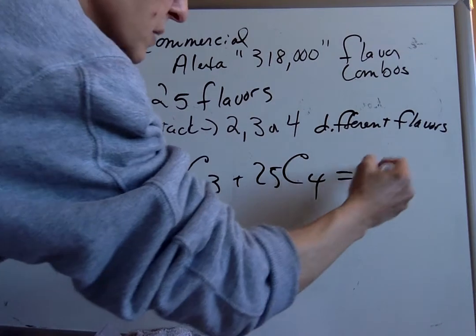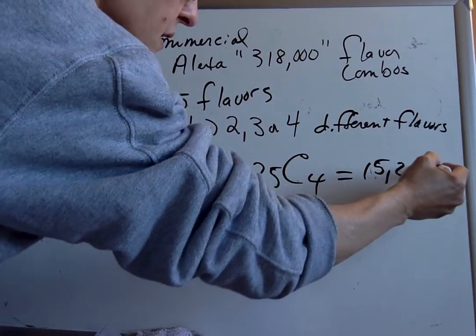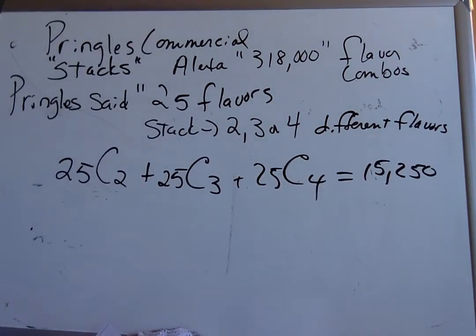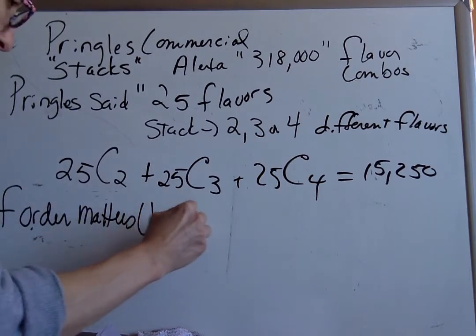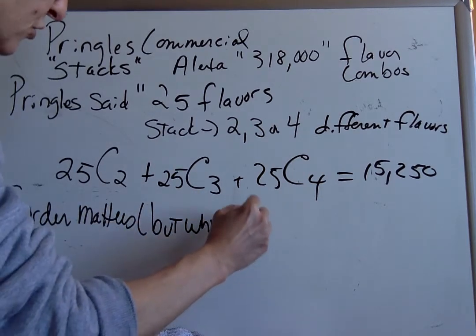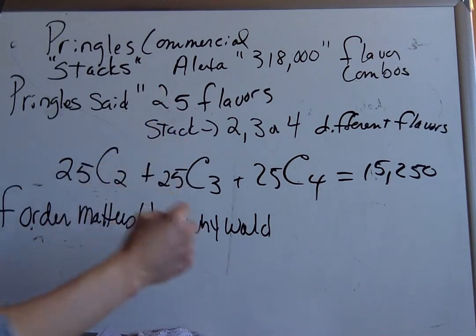So this is what some of us started doing when we read the email from Pringles. And we were not getting 318,000. We were getting 15,000.